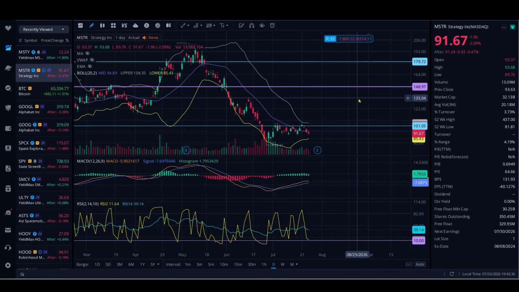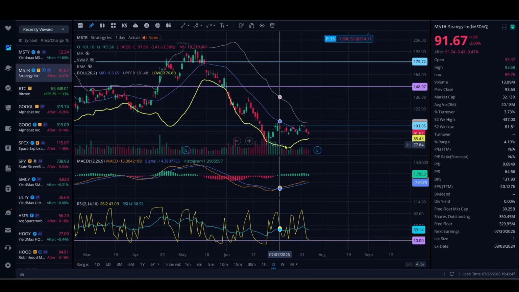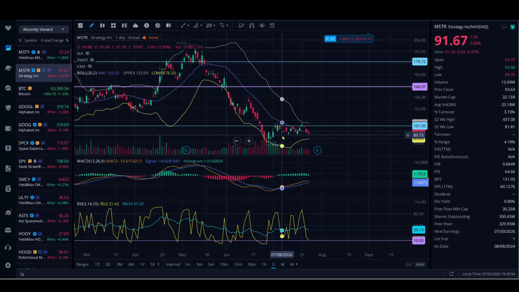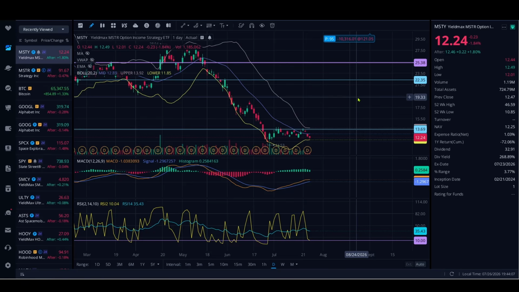Now, if we take a look at MSTR, you can see that it has been coming down, and it actually got as low as about $81.81 right here before moving back up slightly. And we're currently at $91.67, which of course, since MSTR is down, that causes MSTY to be down as well.